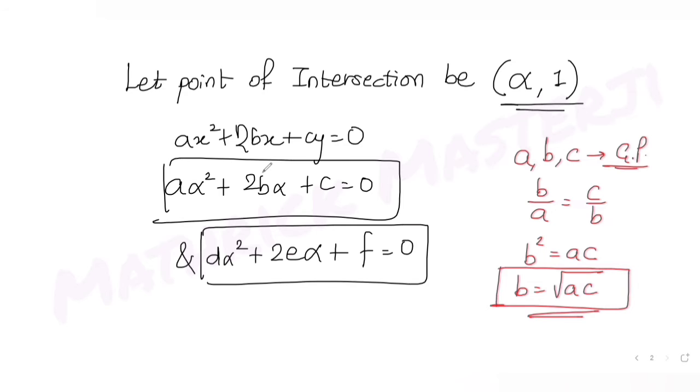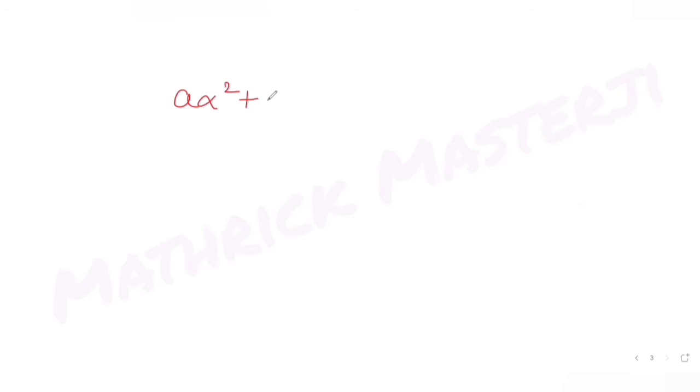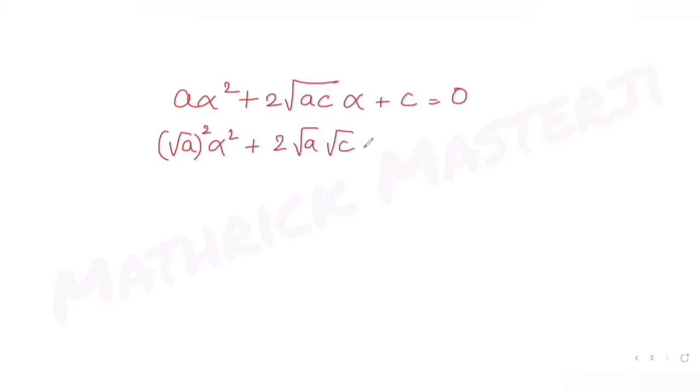If I put it here, replacing b with root of ac, I get a alpha square plus 2 root of ac alpha plus c equals 0. Now that gives me root a square alpha square plus 2 times root a root c alpha plus root c the whole square equals 0.